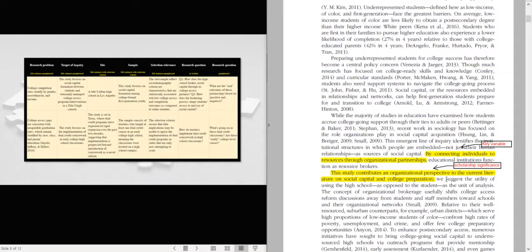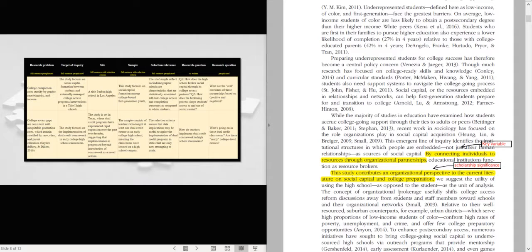But scholarship significance might be something that is also needed in your AERA proposals, and that's the contribution to the literature, right? So this study contributes an organizational perspective to the current literature on social capital and college preparation. If any of you understand that sentence entirely at this point, I would say maybe this is too easy a class for you.